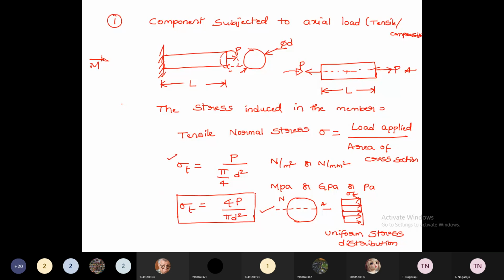In this example, there is a pull load of P acting on one end of a cantilever rod.